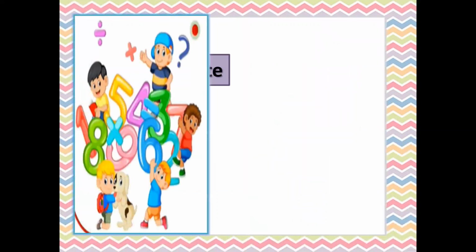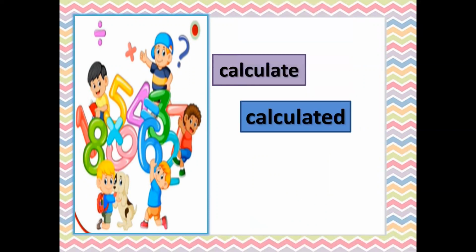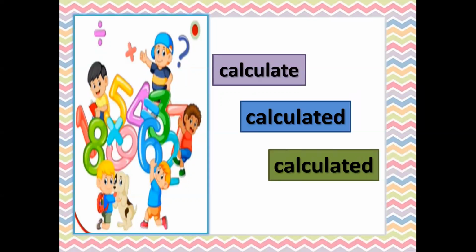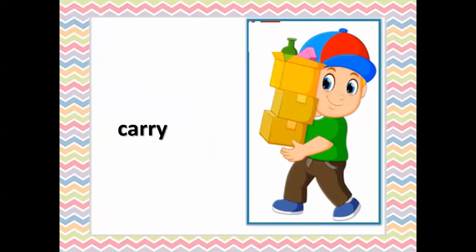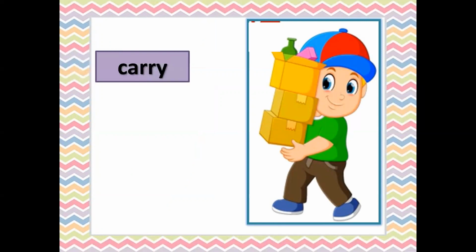Now let's see the next example. Here the word is calculate. Again, E, the last letter. So we are going to add the letter D with it. Calculated and calculated, right? So students, now let's see one more example here. The word is carry.